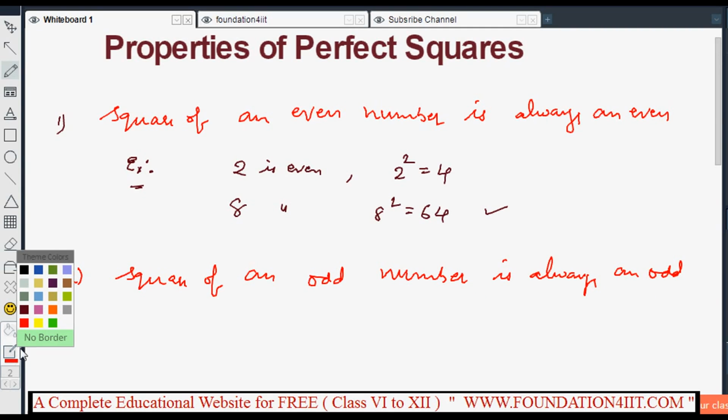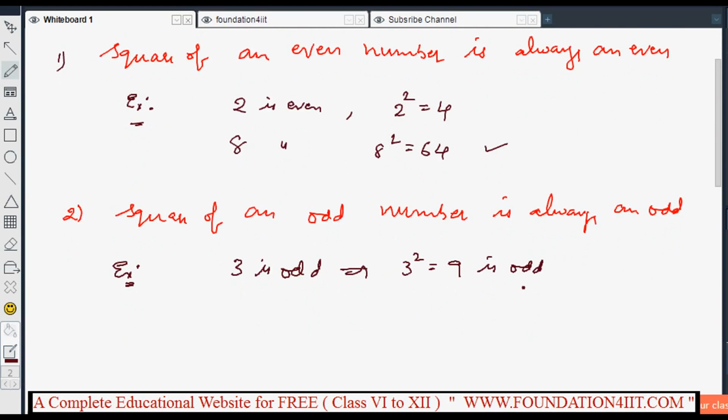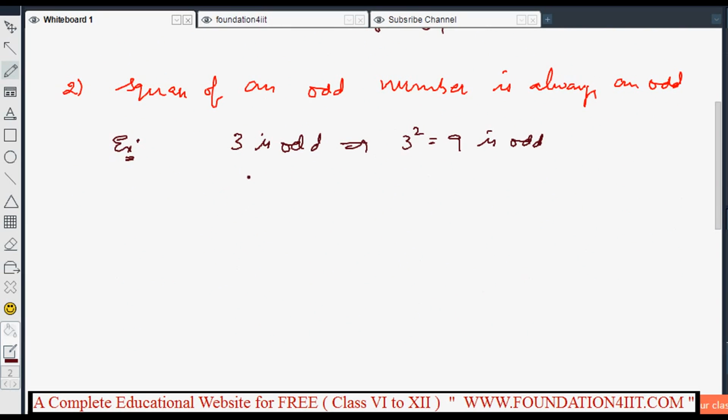Similarly, you can take some examples for odd numbers also. 3 is an odd number. Then 3 squared is 9, which is also an odd number. Not only that, you can take 15. 15 is an odd number. So 15 squared, that is 15 into 15, is 225, which is also an odd number.